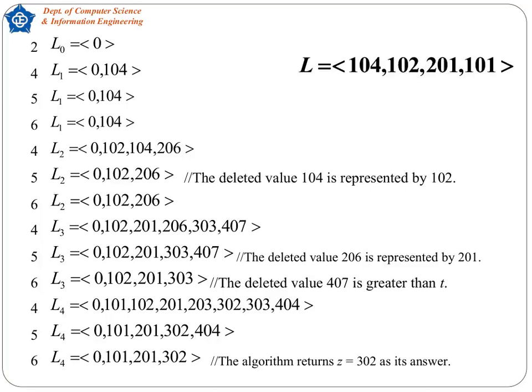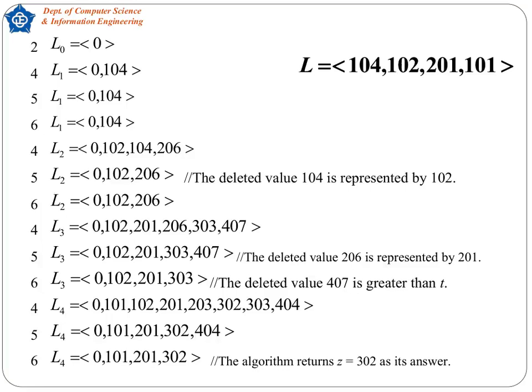Now let's walk through the algorithm steps on our example, input L equals ⟨104, 102, 201, 101⟩. We start with L0 equals ⟨0⟩. At L1, we insert 104, giving us ⟨0, 104⟩. At L2, we insert 102, which replaces the old 104 and yields ⟨0, 102, 206⟩.